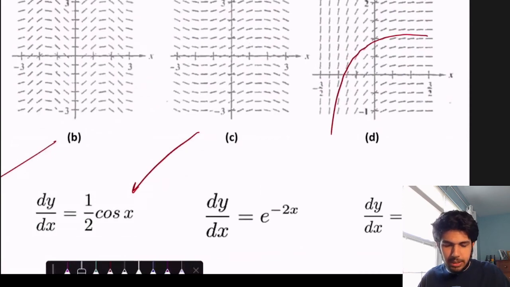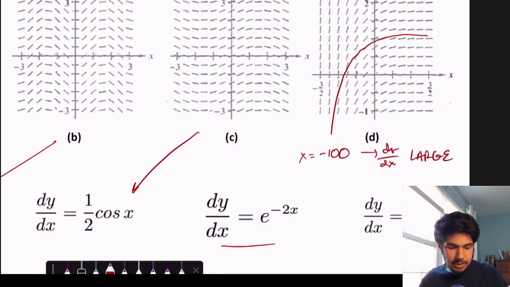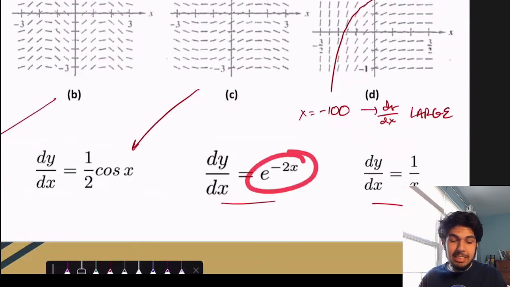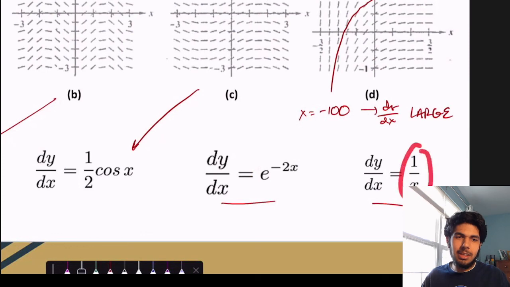Let's consider the point x equals negative 100. We would want dy/dx to be large. So between these two, when you put in negative 100, this will be e to the 200 power, which is huge. This will be 1 over negative 100, so negative 0.01, which is extremely tiny.